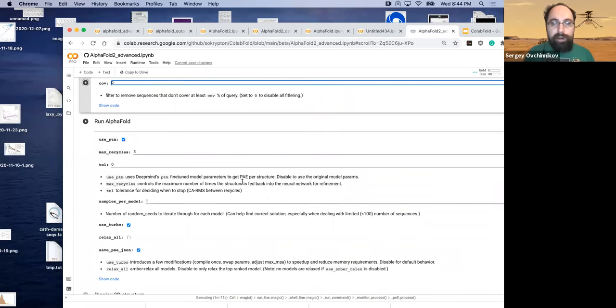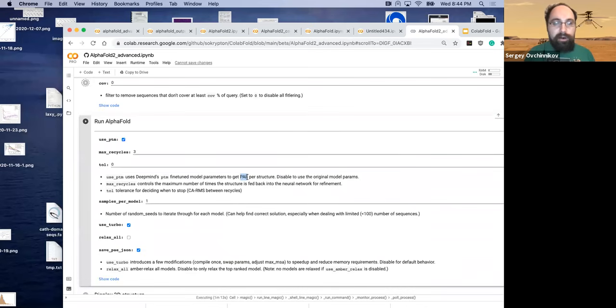The reason we're able to make these predicted alignment error plots is because we're using these PTM models that output those for every one of the 5 models. But one thing we noticed is if you don't have enough sequences, sometimes disabling this will give you a slightly different variation of the models. So if you want another variability of models, you can disable this. You won't get the PAE statistic anymore, but you might get slightly different models.